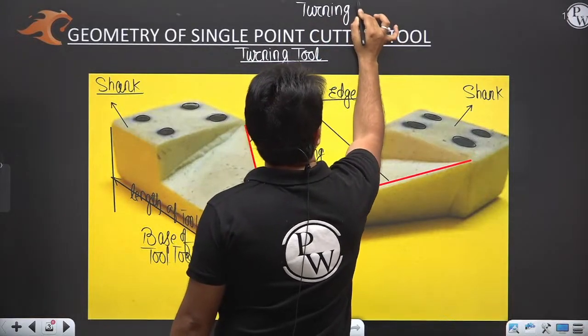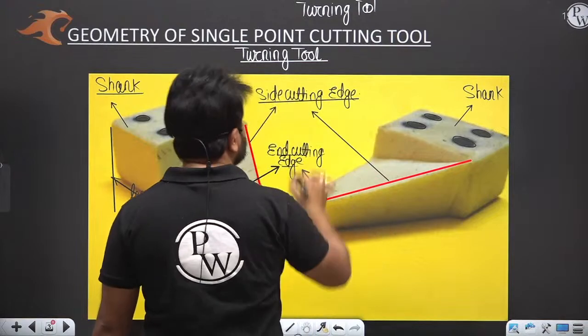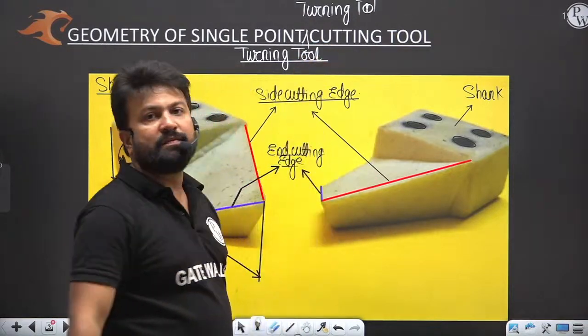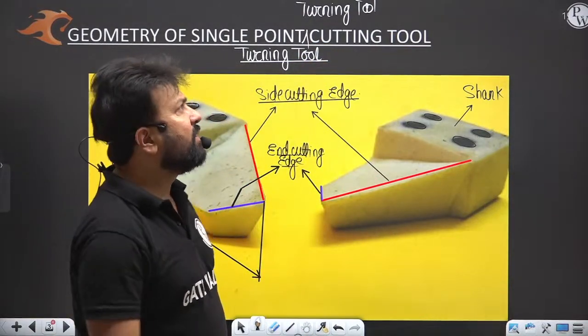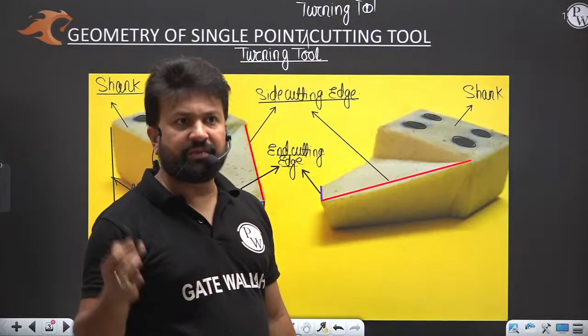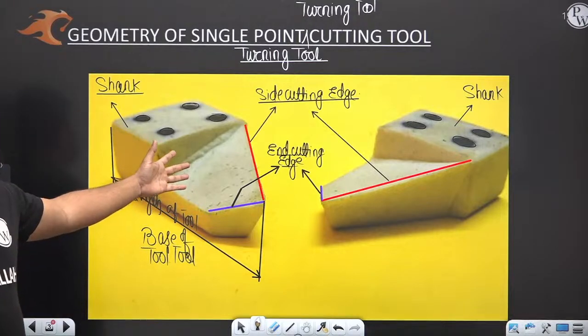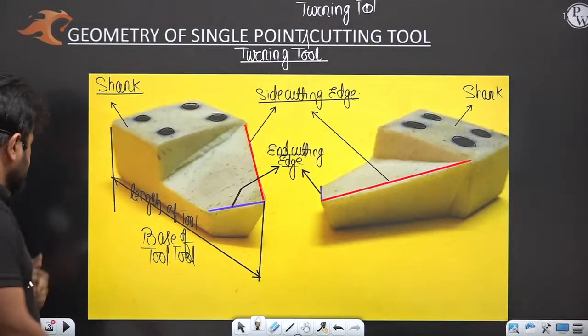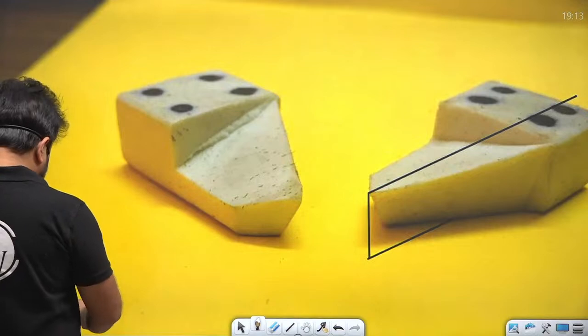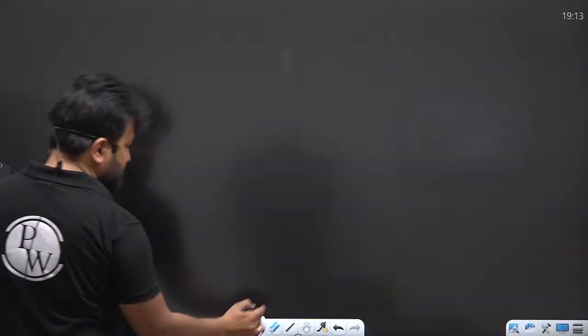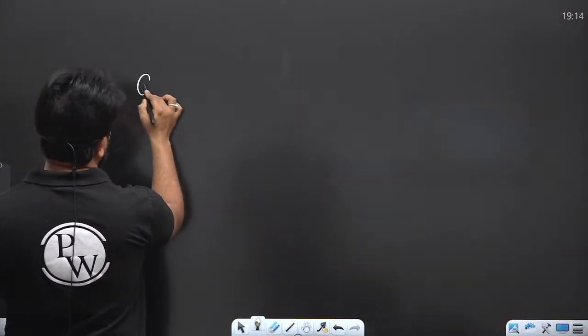I'm talking about basically angles. Geometry in terms of what? Angles, made by the different surfaces.